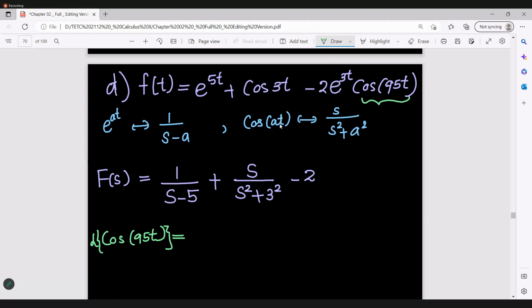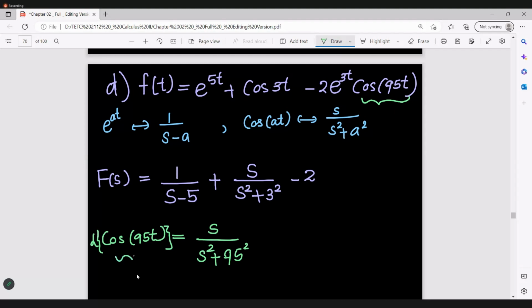So what is the value of a? 95. So we have to replace a by 95 here. 95 to the power 2. But this is not the thing that we are asked to find. This cos 95t is multiplied by e to the power 3t.